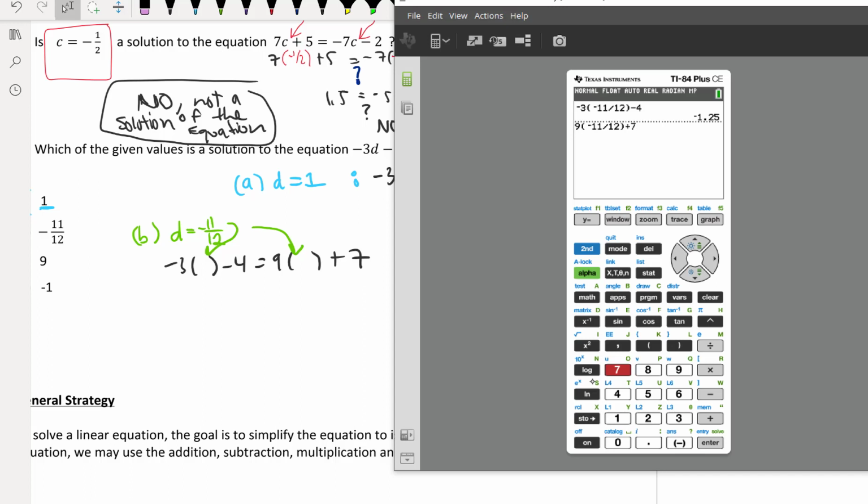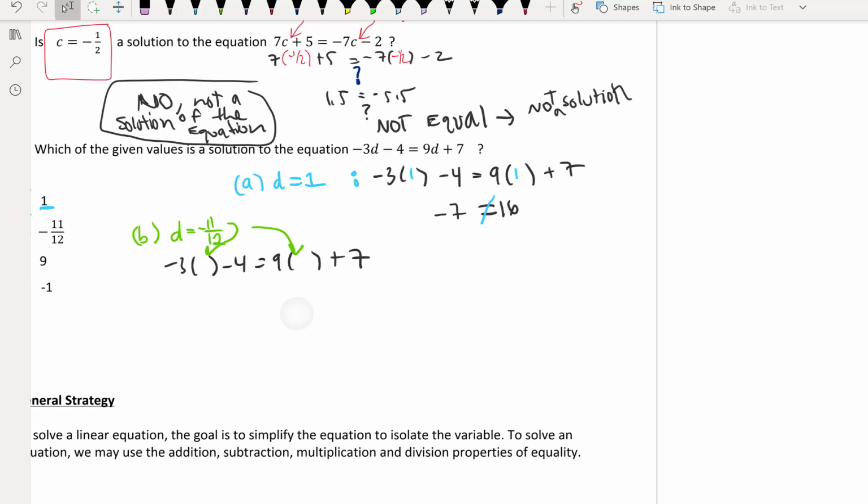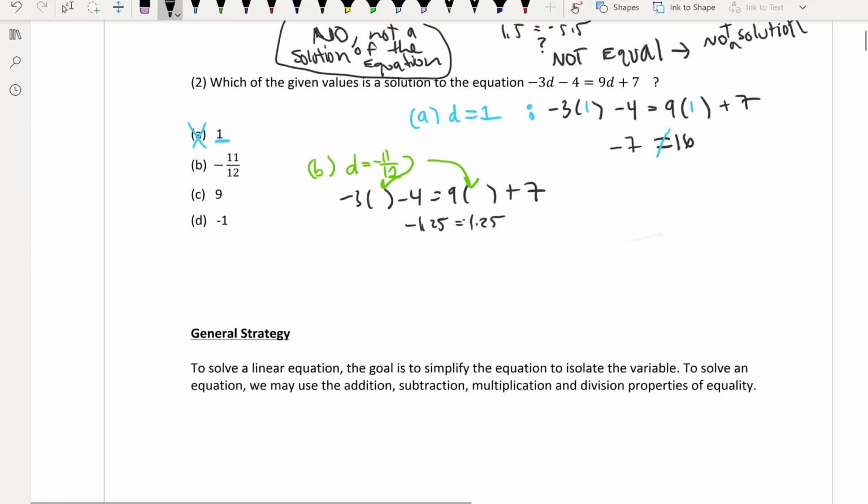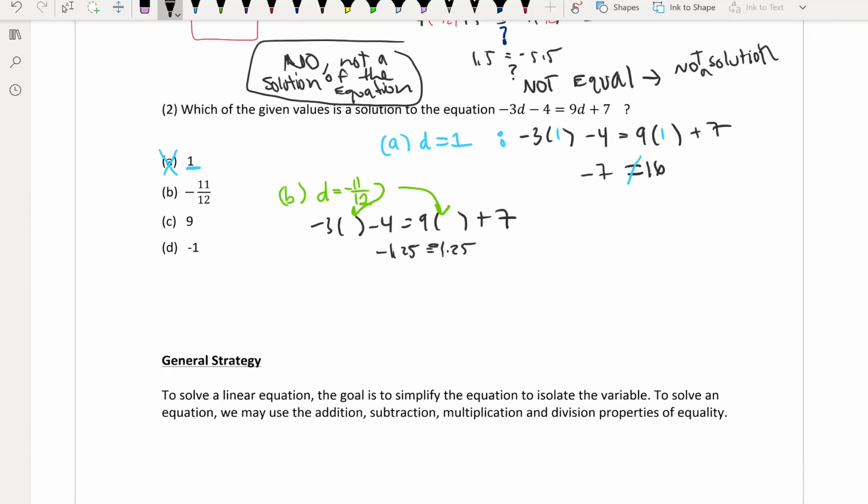So now when I press enter, I see it's negative 1.25. So notice how the left hand and the right hand are equal to each other, so we know that these are going to be equal values. So now that I know that these are equal to each other, then I know that B is going to be a solution to the equation.